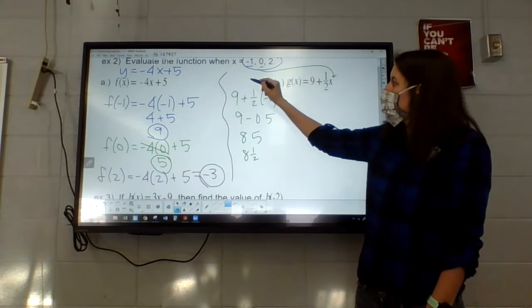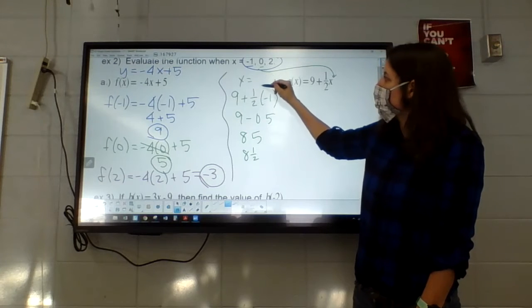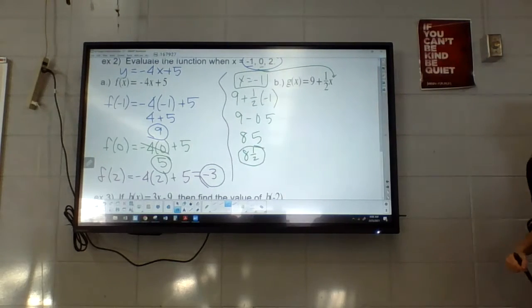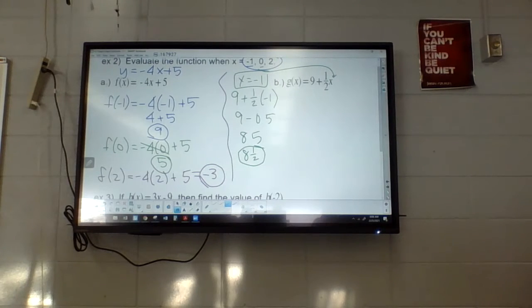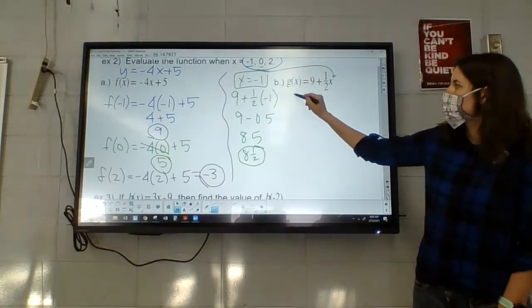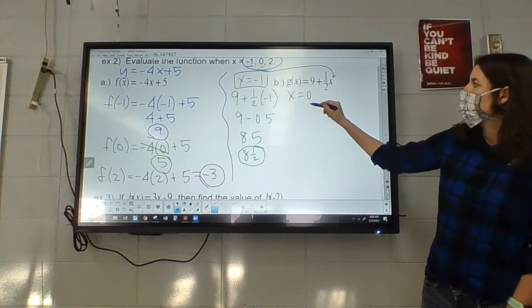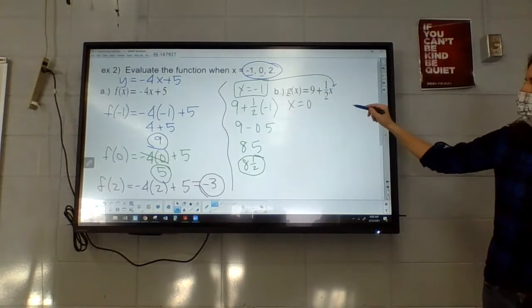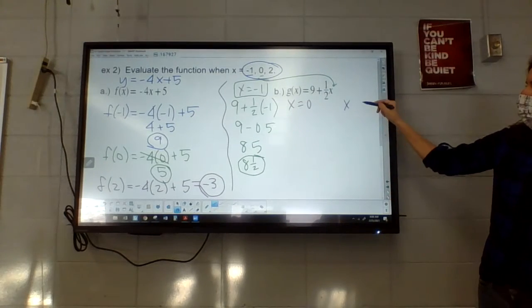So when x is -1, that's what we get here. We're substituting that in. Again, you have to do that for x is 0, and then x is also 2.